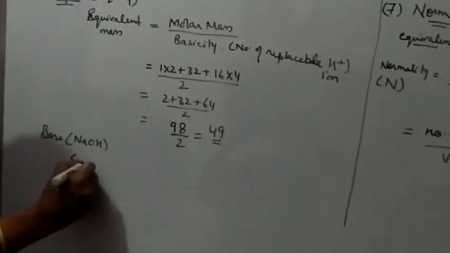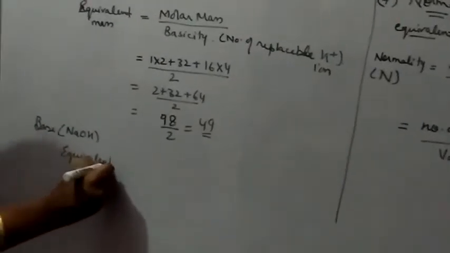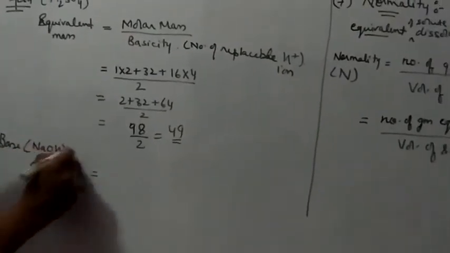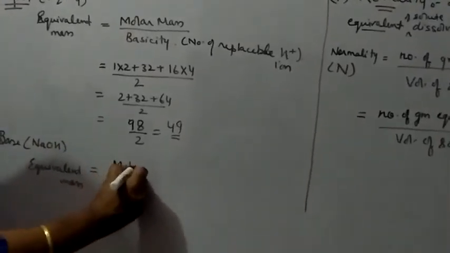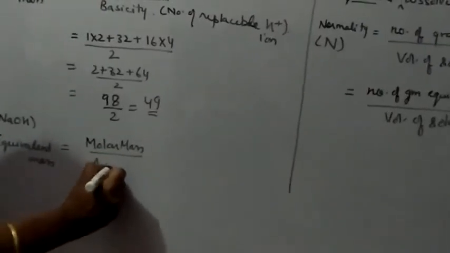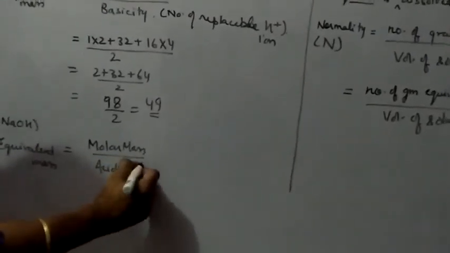Now in case of a base, let it be NaOH. Now its equivalent mass, right, will be the molar mass upon acidity, that is the number of replaceable OH negative.